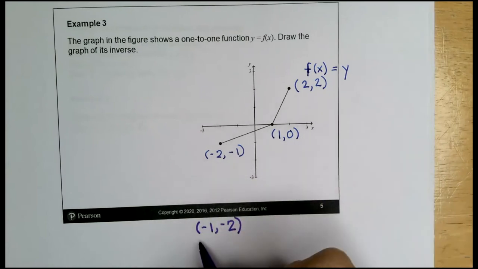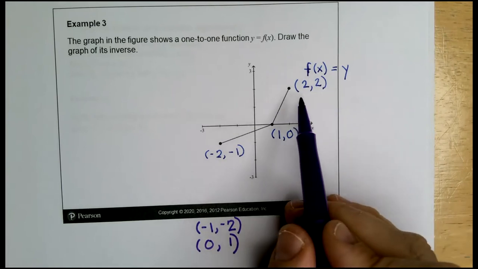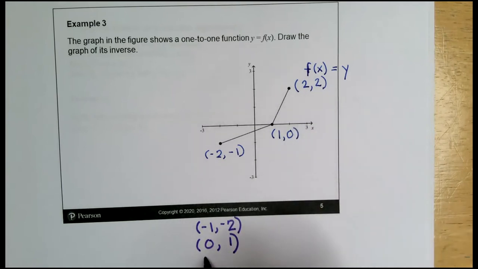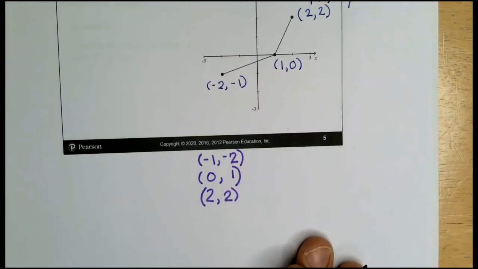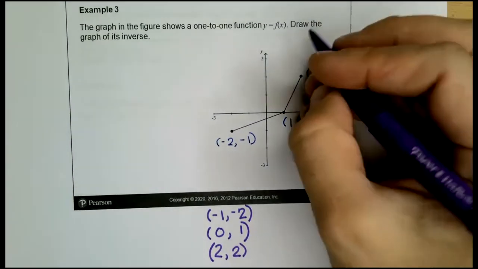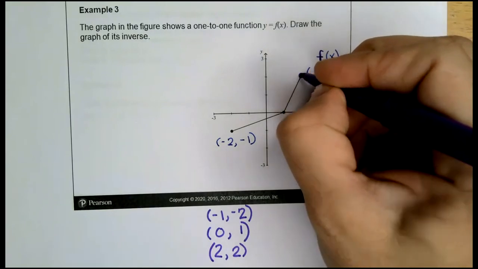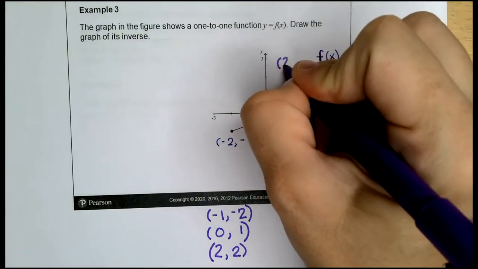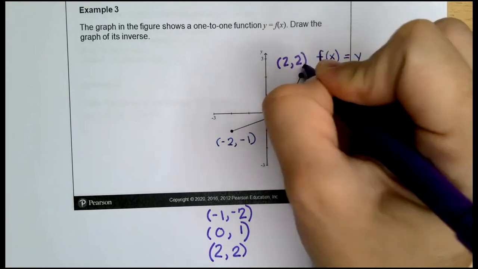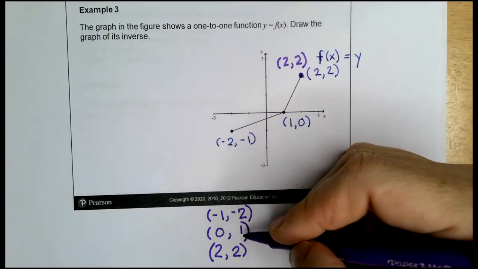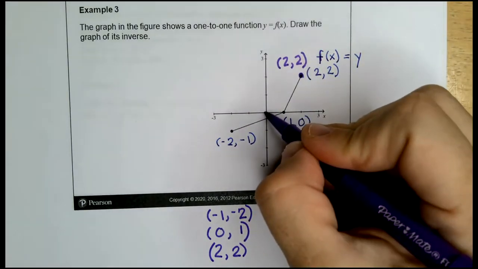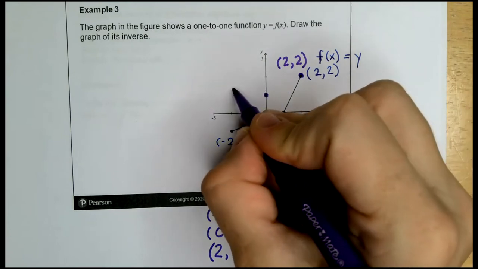The inverse of this would be (0, 1), and the inverse of this would be (2, 2). So they might share a point there, so we'll start there. (2, 2). (0, 1), so 0 on the x, 1 on the y.